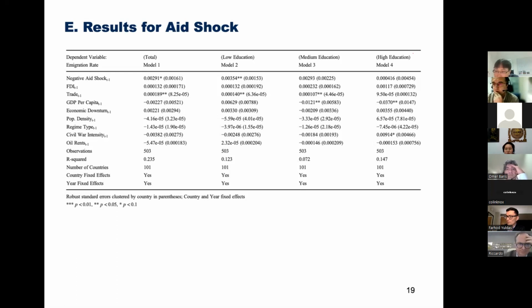And then you distinguish this aid shock with economic aid or governance aid, and then the other aid, right? And then you said whether this negative shock increased or decreased the emigration rate, right?